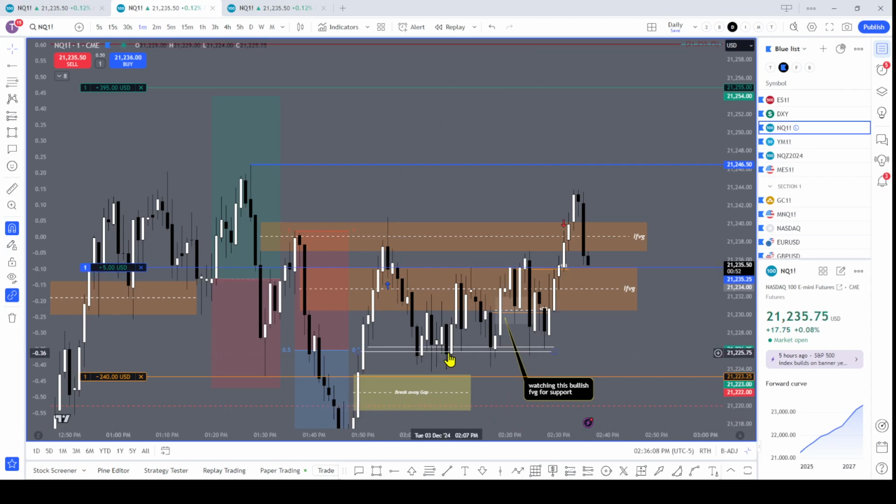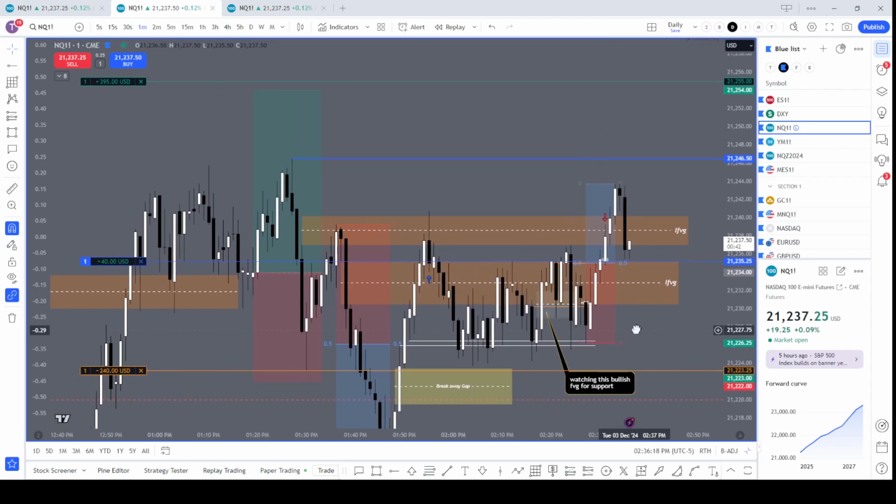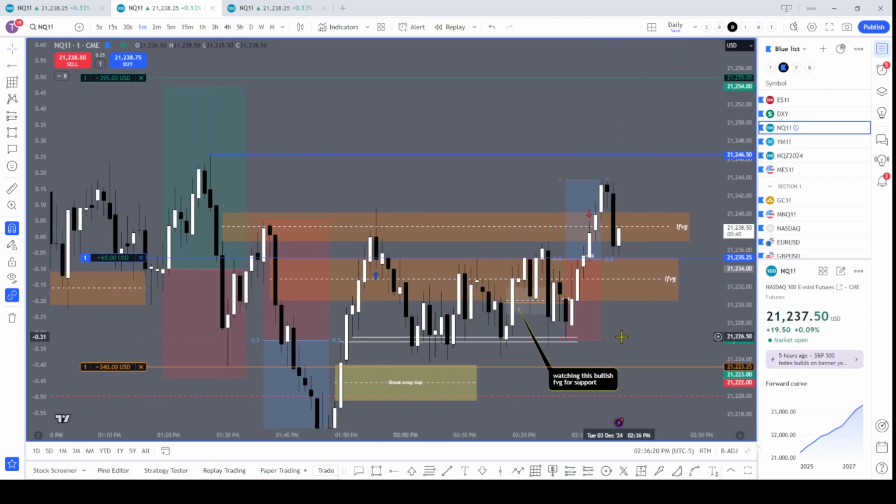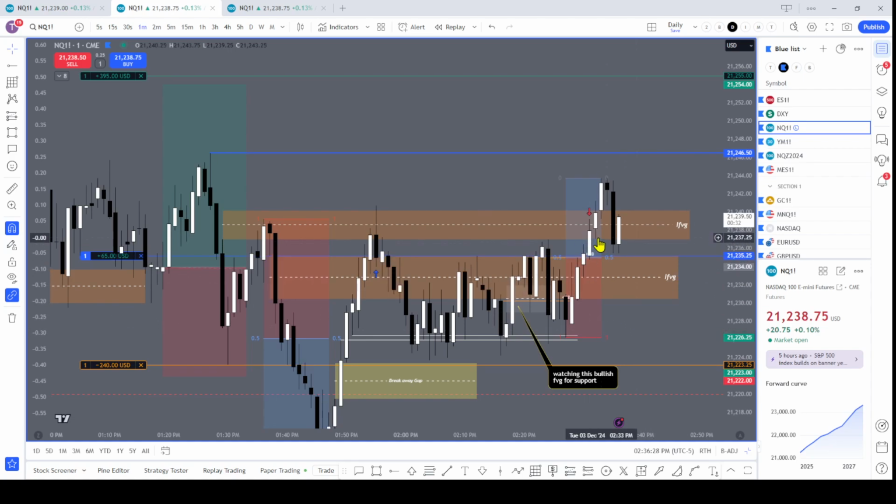Look how many times we visited this. Let's see. Looking at the midpoint of this range, which is the high of the lower inversion fair value gap. Looking at this opening price here, down close candle.